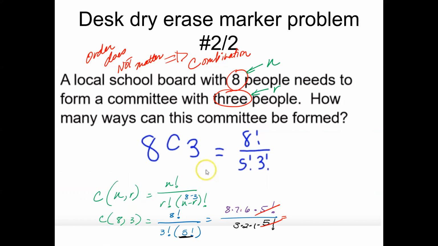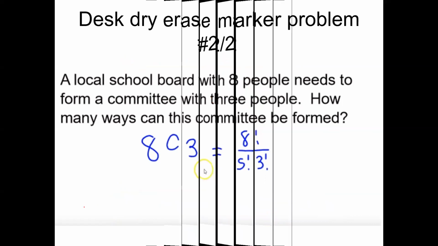Now I have 8, 7, 6 on top, 3, 2, 1 on the bottom. And so 3 times 2 is a 6. And guess what? That cancels. So then I'm left with 8 times 7, which is 56. And that is my answer. So there are 56 different ways that this committee can be formed with 3 people when there are 8 people that they can select from.